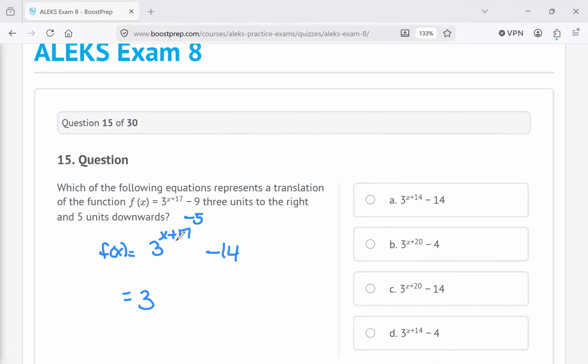If you subtract 3, this 17 is no longer going to be 17, it's going to be 14. So it's 3 raised to the x plus 14, minus 14. That's letter A.